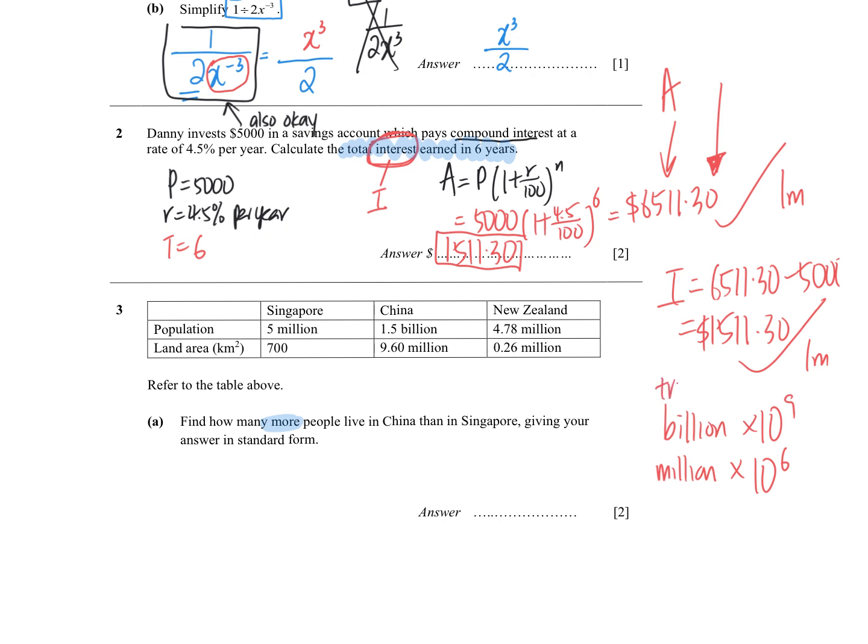So the bigger one is trillion times 10 to the power of 12. So all this you must know. So China versus Singapore, 1.5 billion minus 5 million. So once I see this, I give you your first mark. The answer is the other mark.